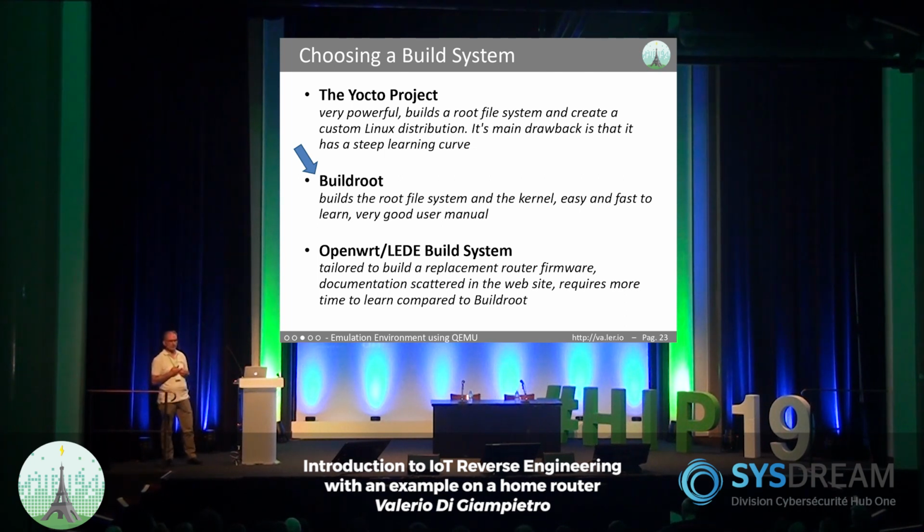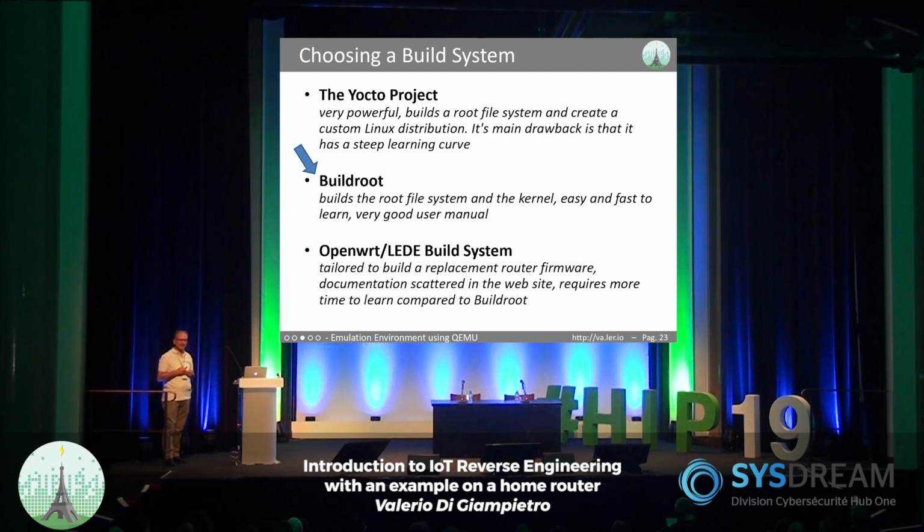There are very popular open source build systems. The most popular one is the Yocto project. It is very powerful. It not only builds a root file system and a kernel, but it is also able to build a custom Linux distribution with an included package manager. But its main drawback is that it has a steep learning curve.